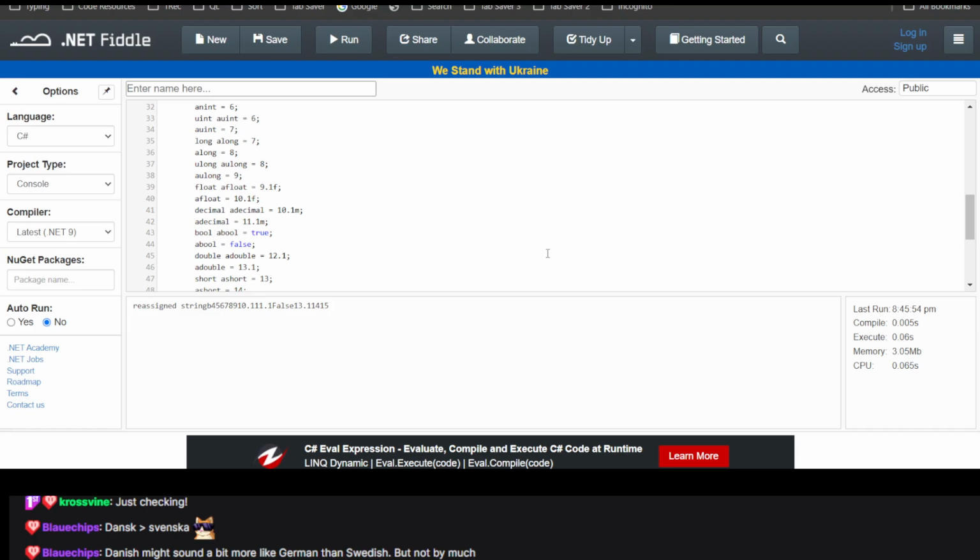Okay. Parse methods. Some C# programmers prefer an alternative to the convert class. Many of these types have a parse method to convert a string to the type. For example, int number equals int.Parse of 9000 as a string. Okay.